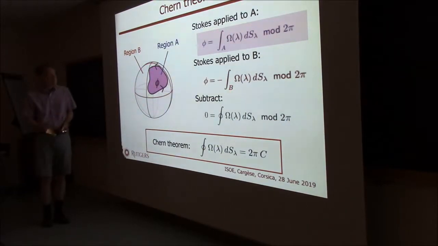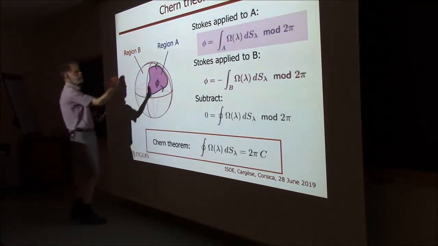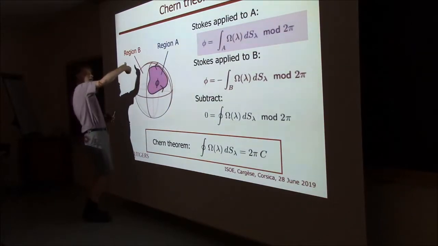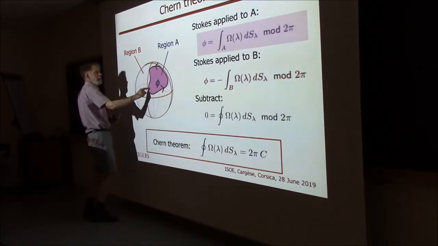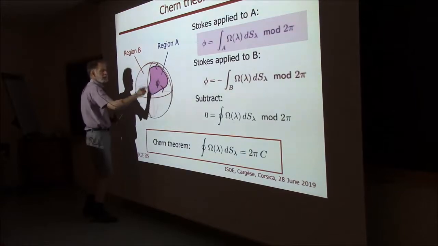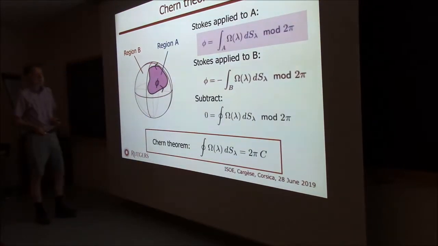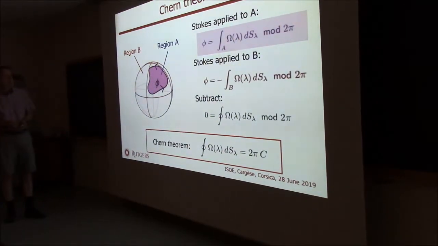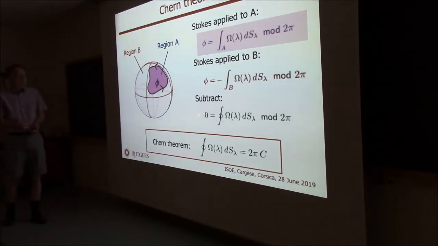Why is there a minus sign here? Because I have to use a right-hand rule, and when I use the right-hand rule on region B, I'm traversing this boundary in the opposite direction, and when I traverse it in the opposite direction, I have to introduce a minus sign. Then I subtract equation B from equation A. The left-hand side is 0.